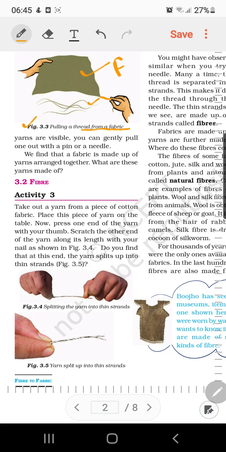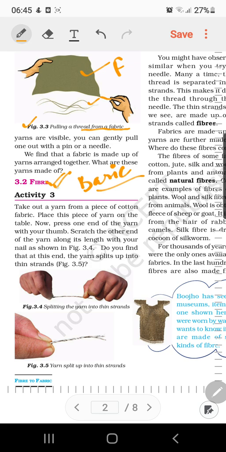Likewise, in this chapter, section 3.2 is about the fiber. Fiber is the basic unit of any fabric which is developed or formed.